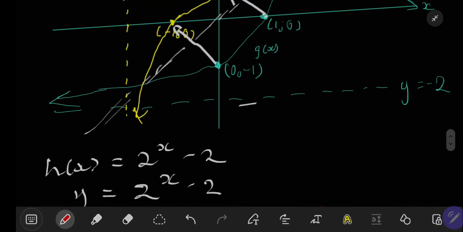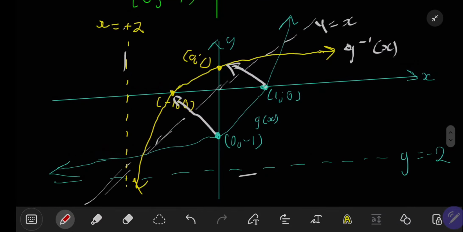Okay, so you can see that when we use the vertical line test on either the original graph or the inverse graph, it will touch the graph only once, which means the logarithm graph is also a function. The only inverse that is not a function is the inverse of a parabola.